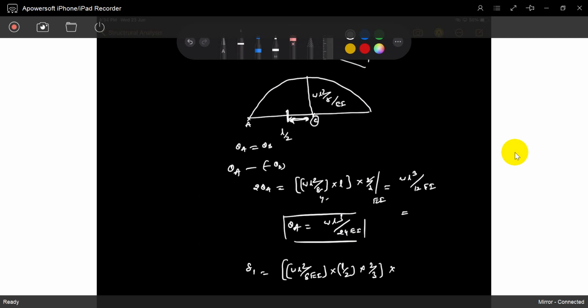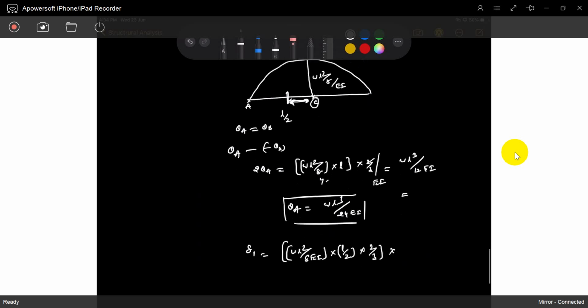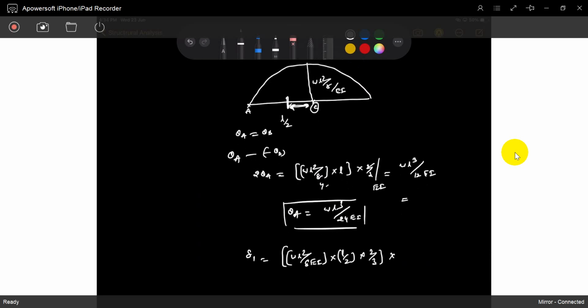Parabolic centroidal distance. Is it 2/3 or what? It is 3 by 8. If you go from the other side, this is 5 by 8.